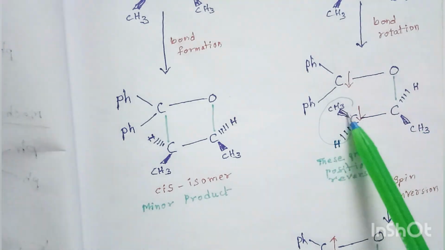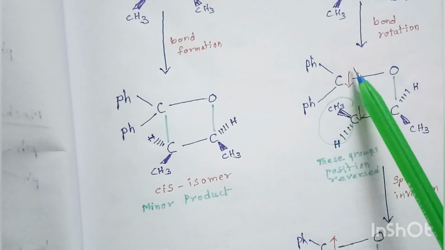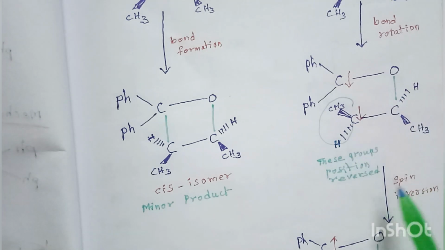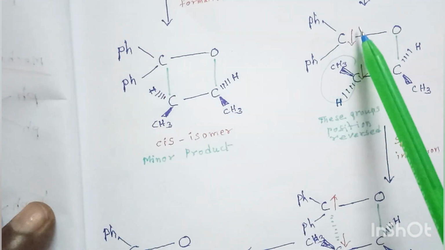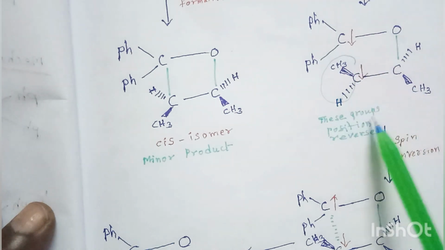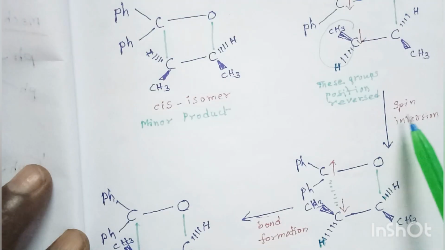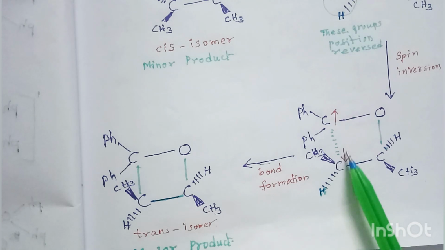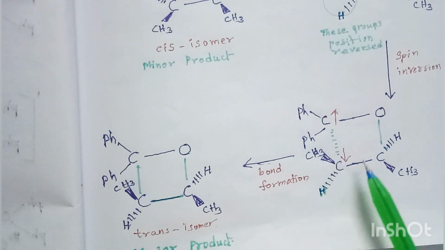These two groups have reversed their places, but the electrons have the same spin. These two electrons cannot form a bond because they have the same spin. In the next step, spin inversion occurs, so this electron takes the opposite spin.